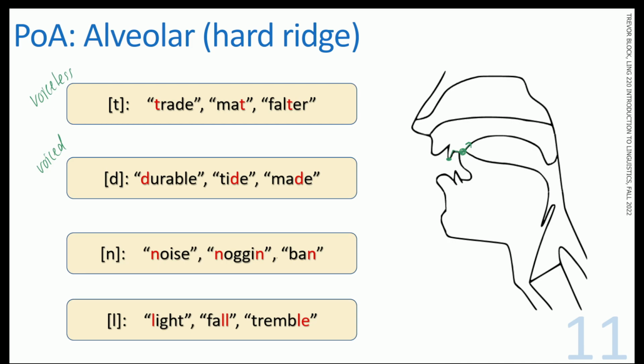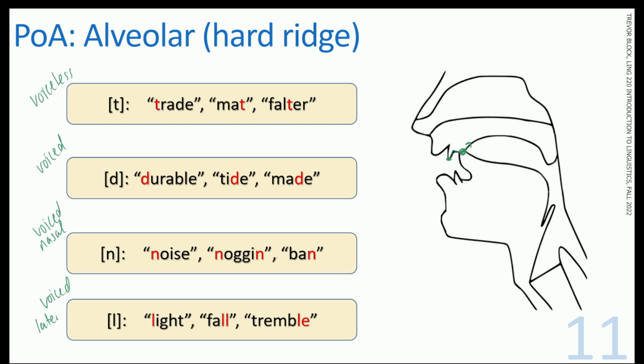We have a voiced nasal counterpart, so the same as D, but you'll have air flowing through the nasal cavity. So this is noise, noggin, ban. You can see that it's the same place as D, so you can hold it there, but let air go through your nose. Made, maiden. We have L. So this is another voiced sound, and this is called a lateral sound.